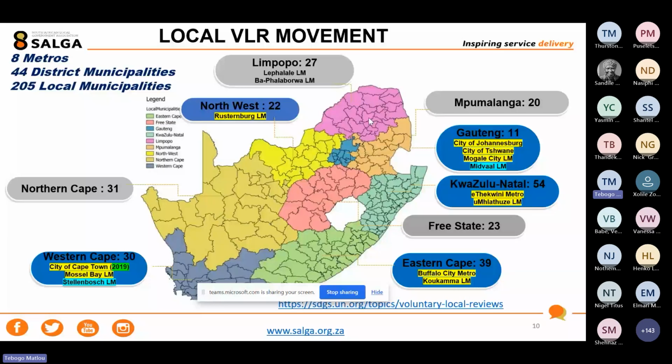The one that I highlighted in yellow: Rustenburg, Northwest, City of Johannesburg, City of Tshwane, Mogale City, eThekwini, Umhlatuse, Buffalo City, Kukama is a small municipality, City of Cape Town, as I said, they have the second report, and Mossel Bay. So all these cities, Chair, you can link at the local review there at the bottom, but I'm going to share. Their reports are there.